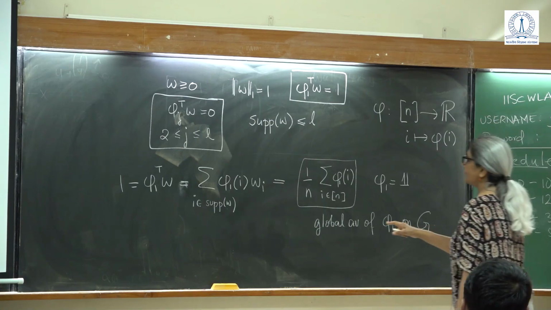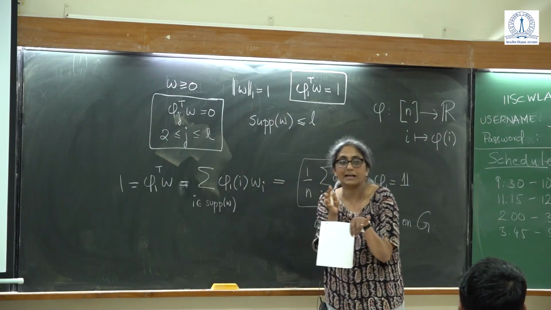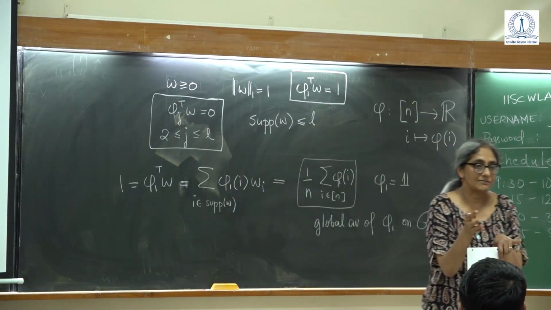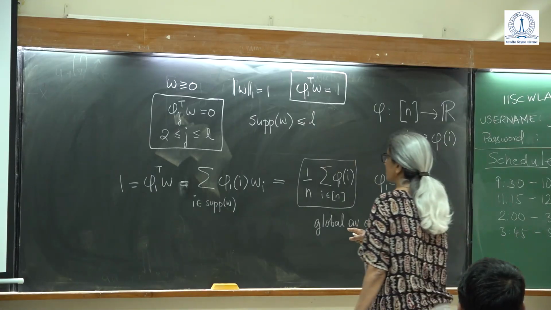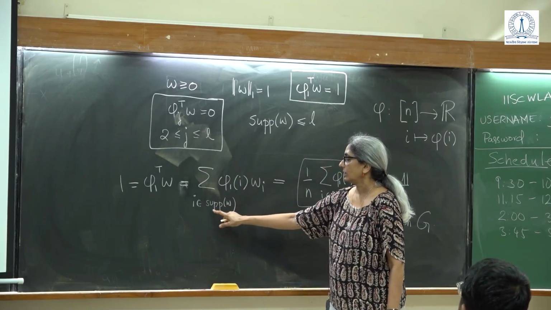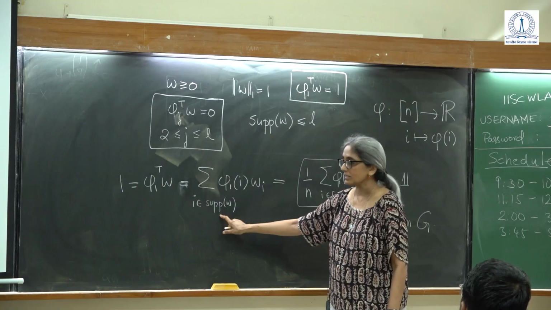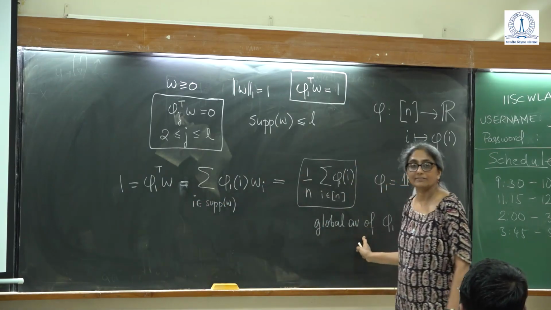If I vary i over the support of W, which might be very small, because I may have a W that's supported on 5 vertices and there are 1,000 vertices in the graph, then what W is achieving for us is that the weighted average of phi1 over this very small set is also 1, the same as the global average.